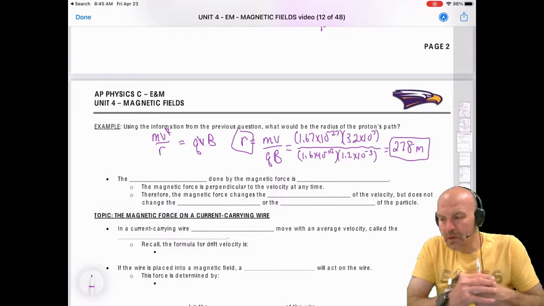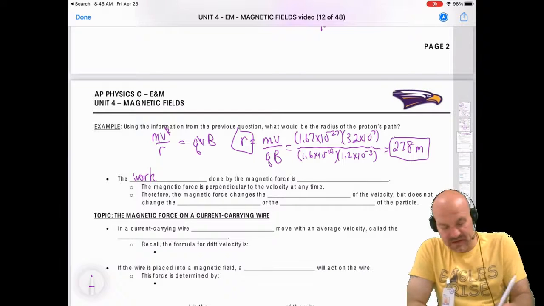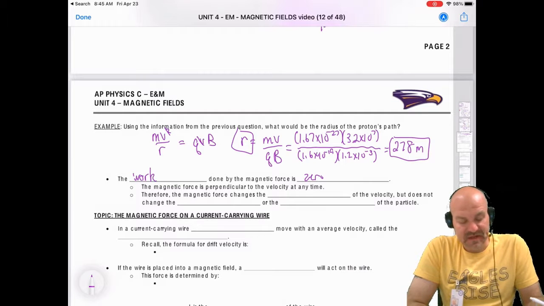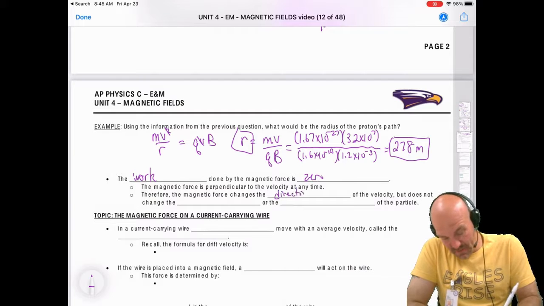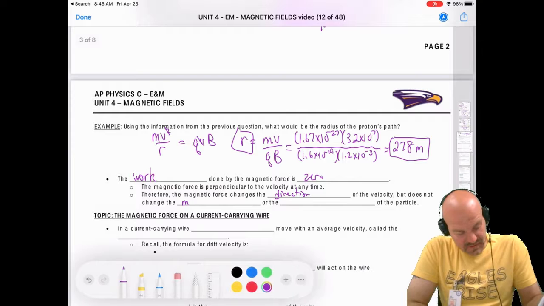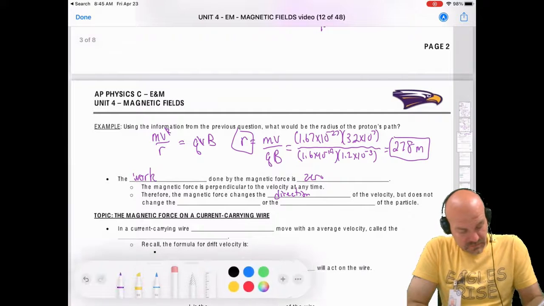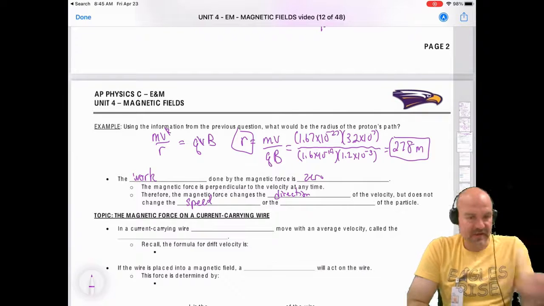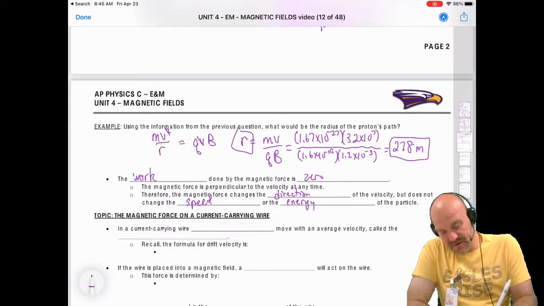Now, the work done by a magnetic force is going to be zero. The magnetic force is perpendicular to the velocity at any given time. Therefore, the magnetic force changes the direction of the velocity, but does not change the magnitude, or excuse me, the speed. So remember, when it comes to circles, they're traveling around at a constant speed, which means it doesn't change the energy of the particle.